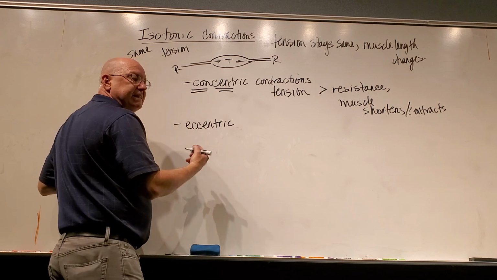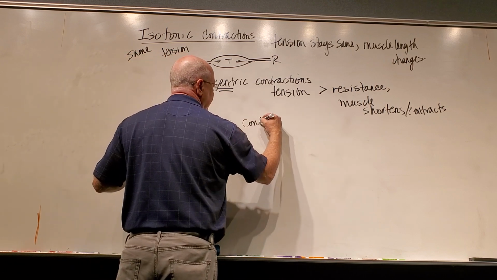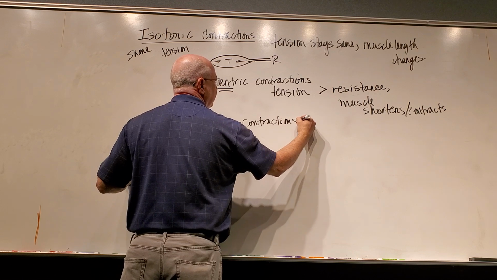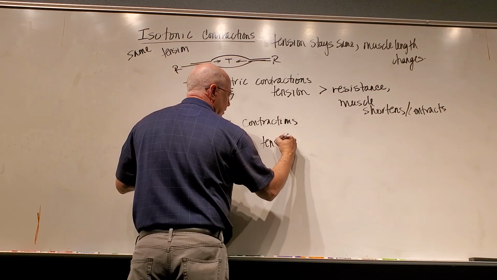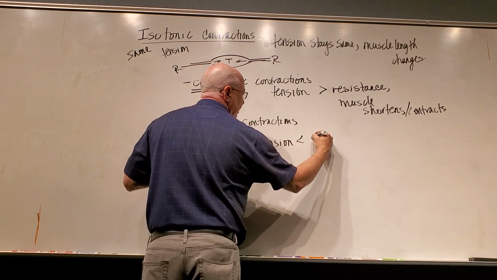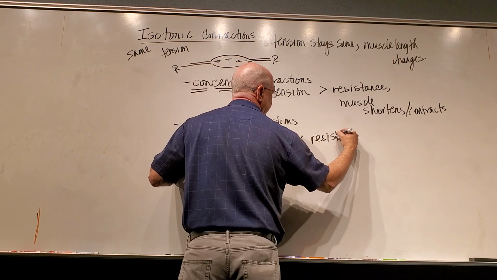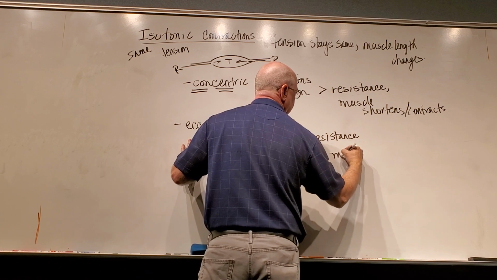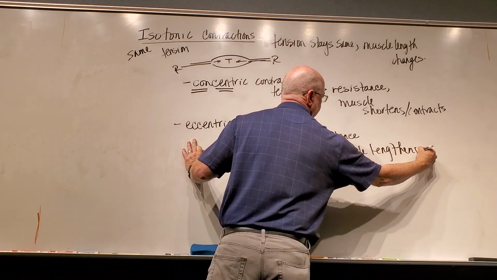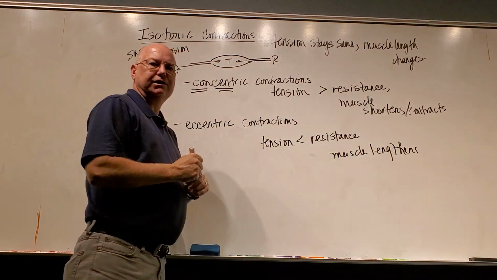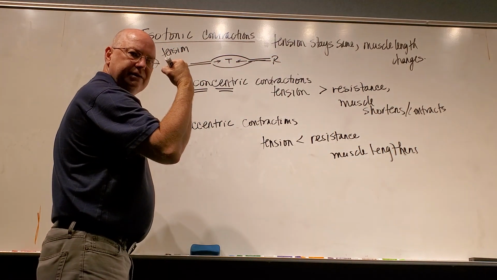Some people say eccentric, tomato, tomato, I don't care how you pronounce it. In eccentric contractions, the tension is less than the resistance, and the muscle lengthens. The muscle begins relaxing. Essentially, you're letting the weight down.